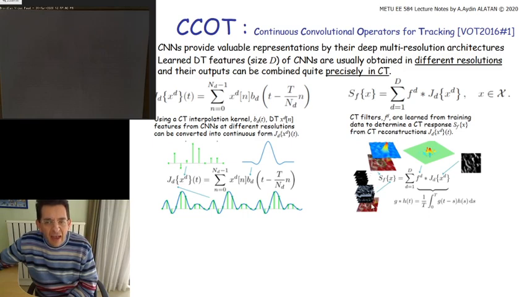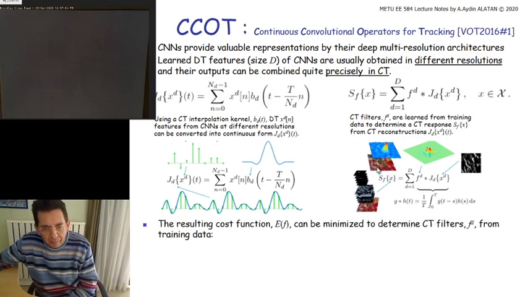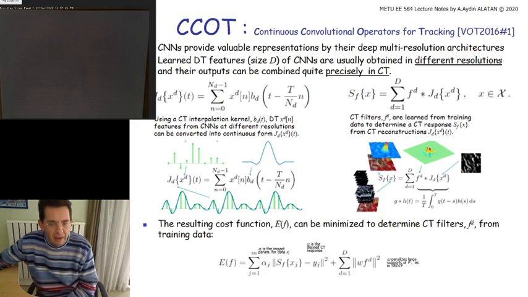Starting from X, everything is discrete. I am reaching to something continuous, and that peak will tell me the location of where this object will move next, okay? Now, the resulting cost function, in continuous form, can be minimized to determine the continuous time filters, FT, from the training data.